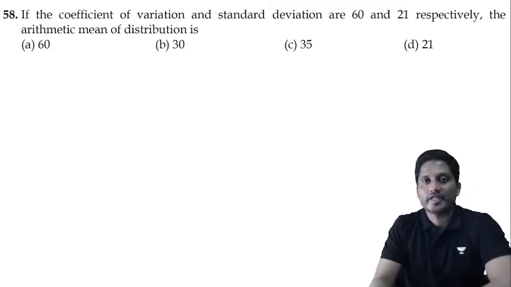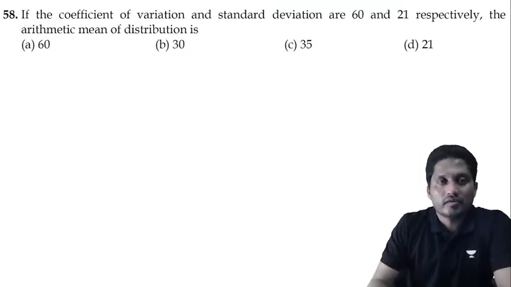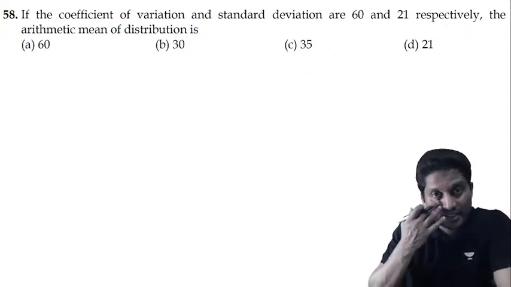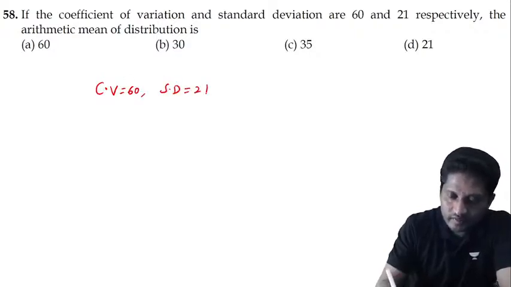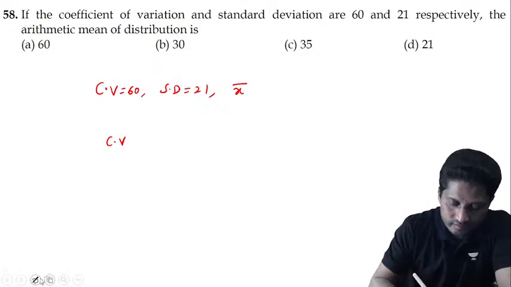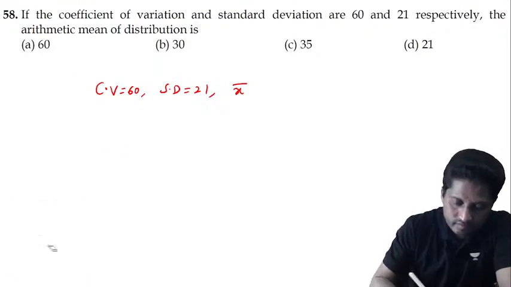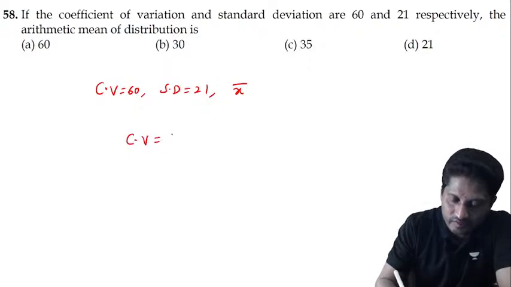If the coefficient of variation is 60 and the standard deviation is 21, he's asking what is the mean. Coefficient of variation is equal to standard deviation by mean into 100. That's the formula.